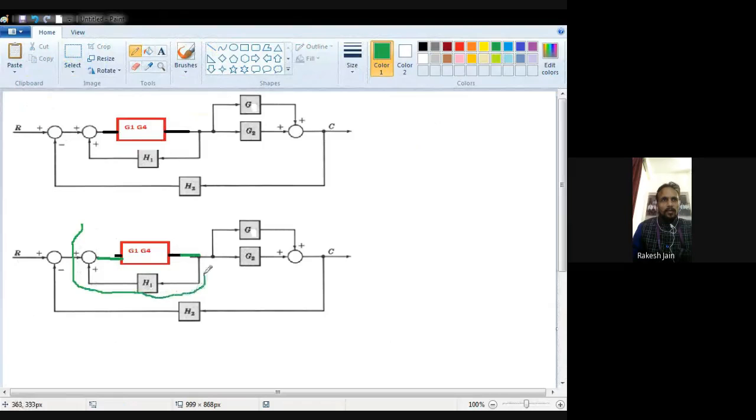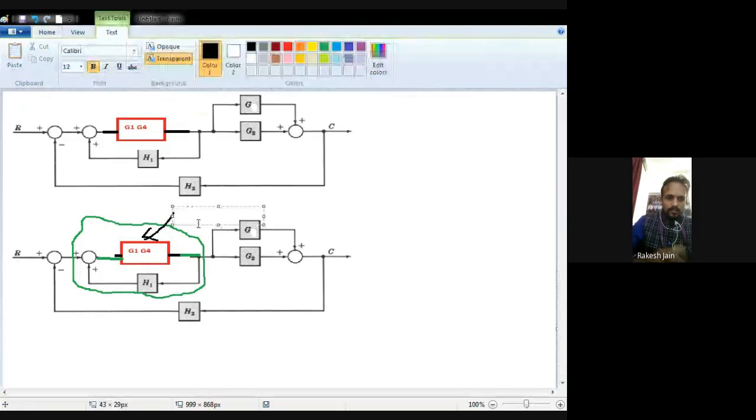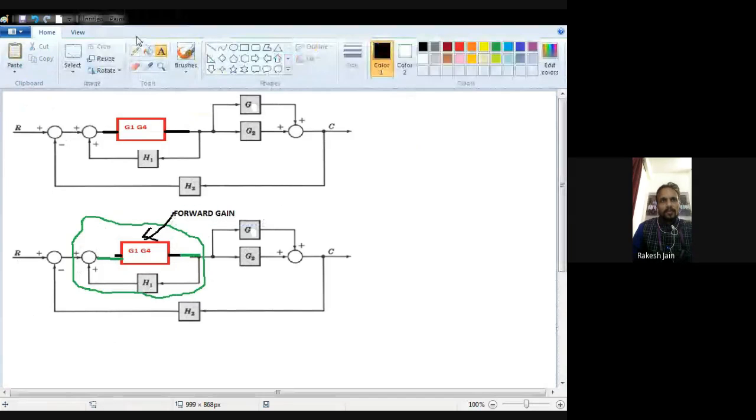This is also a block diagram which we have to reduce, where this G1 G4 behaves as the forward gain, and this H1 will behave as the feedback gain.